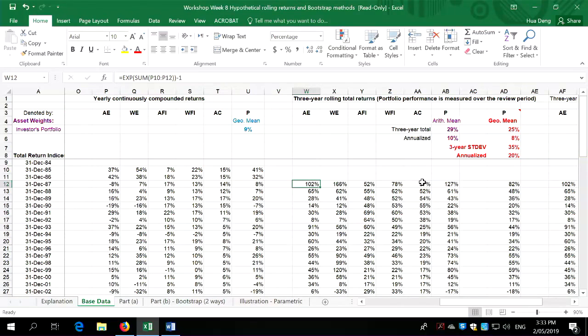What if you want to have a look at the portfolio performance over 2, 3, 4, 5, 6 different review horizons, different review windows? Using continuously compounding returns, you can generate these returns easily by changing the formula of the sum here. And also, it's very convenient to generate the geometric mean.